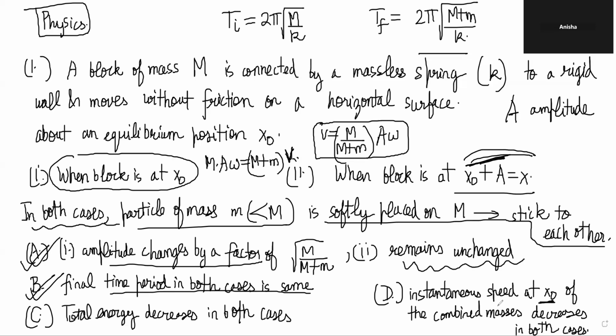See, what has changed is the angular frequency has suddenly changed, right? Omega has changed for the system after you place it here. So omega is root k by m, and omega has decreased because m has become M plus m. If omega has decreased and amplitude has not changed, the speed at x naught is still lower, because the speed at x naught is A omega, right? So option D is also correct.